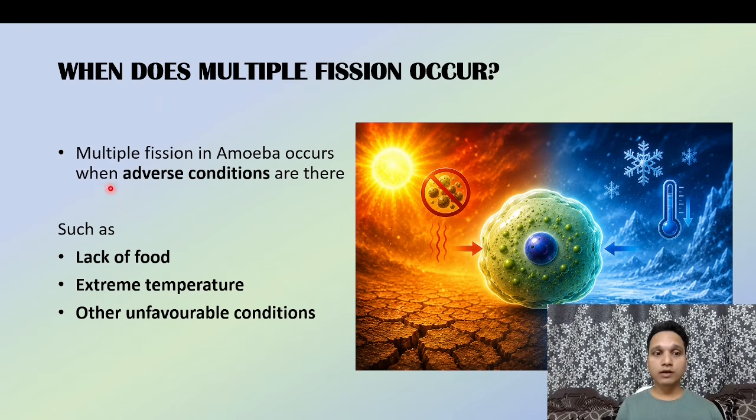Multiple fission in amoeba occurs when adverse conditions are there, when the environment is adverse, when the temperatures are high, when the food is not available in plenty.